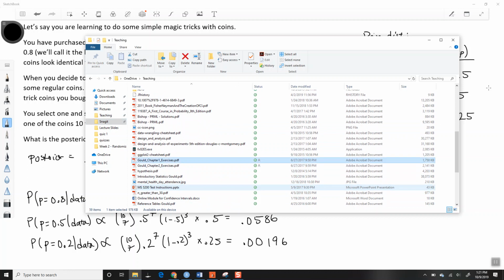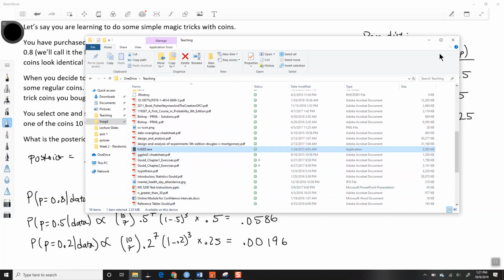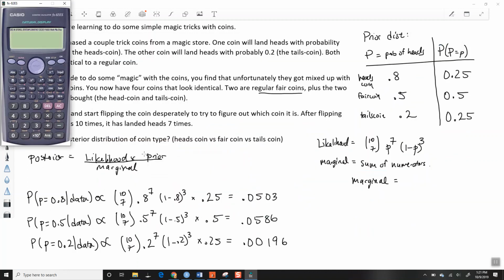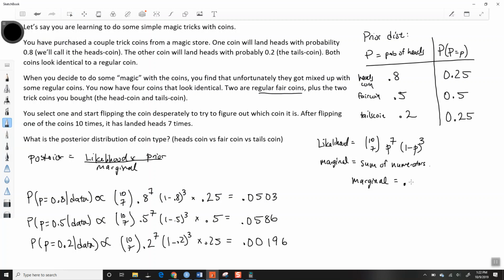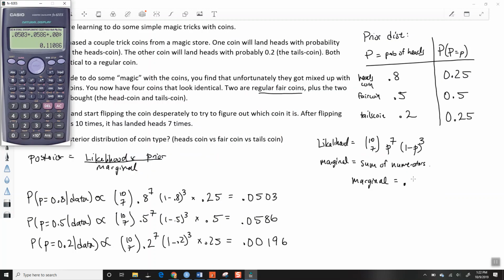Okay, there it is. So I'm going to do 0.0503 plus 0.0586 plus 0.00196. Okay, that's not helpful. So I get my marginal is 0.11086.